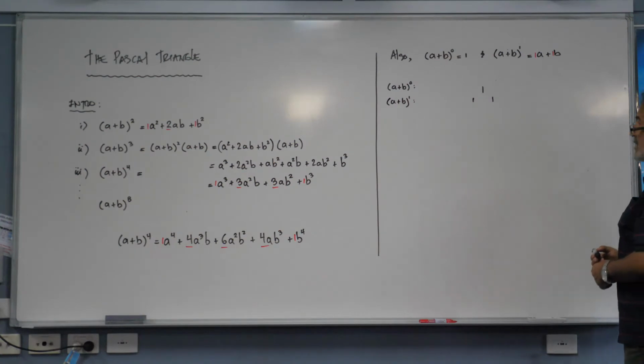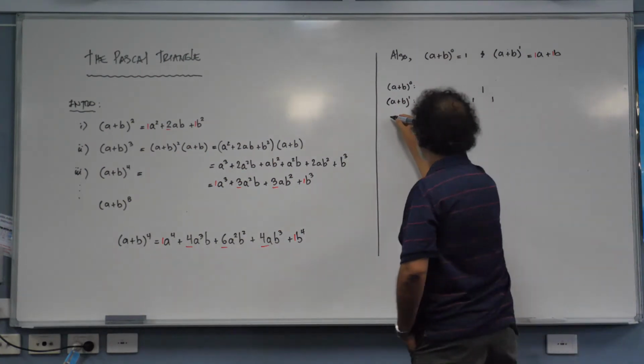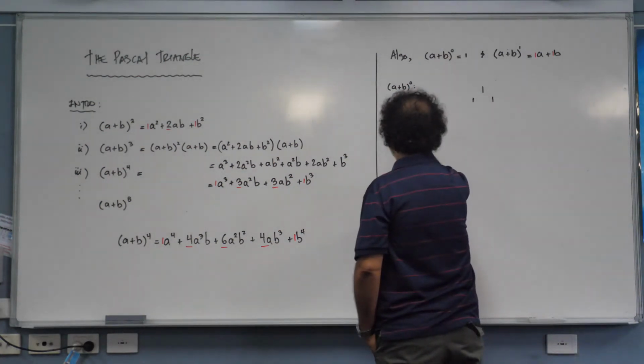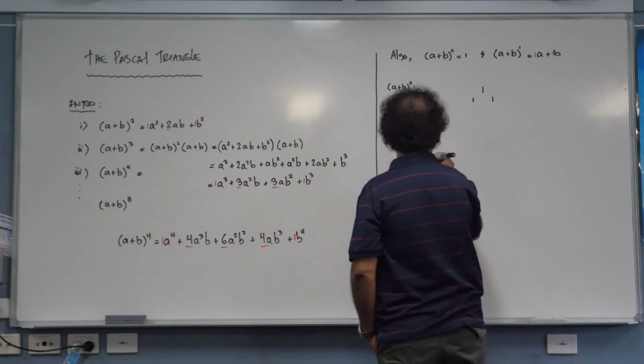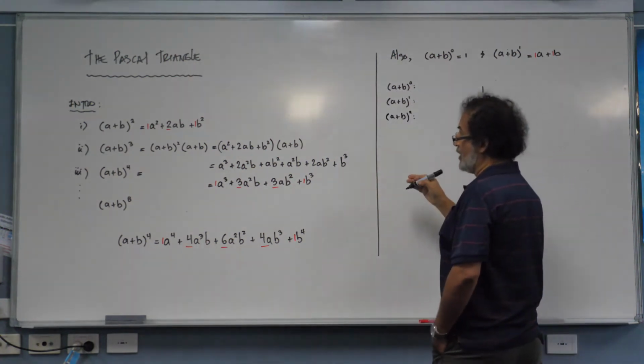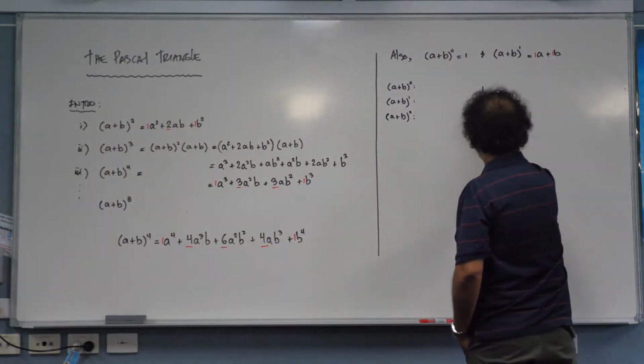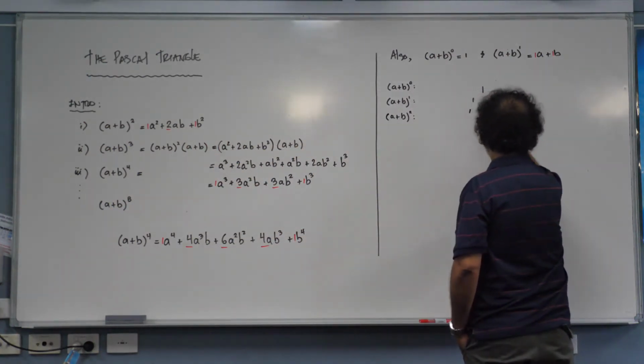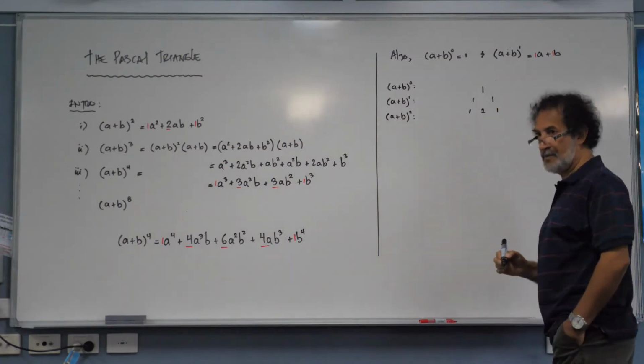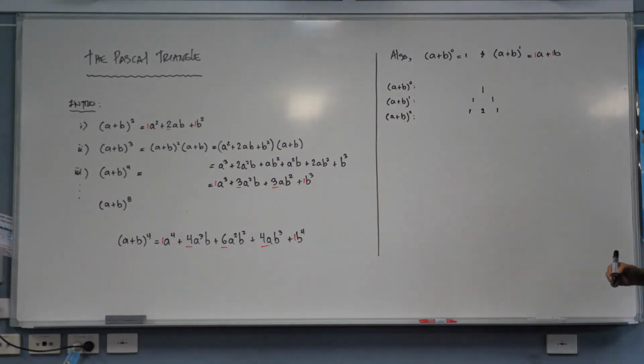And for the next one, (a plus b) squared, what do we have? We have 1, 2, and 1. So we put 1 here, 2 in here, and 1 in there. And then you're going to start seeing the pattern.